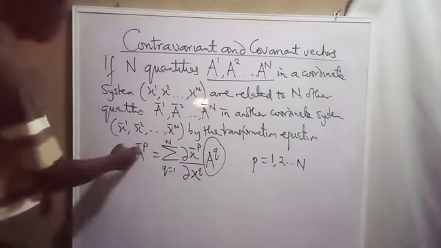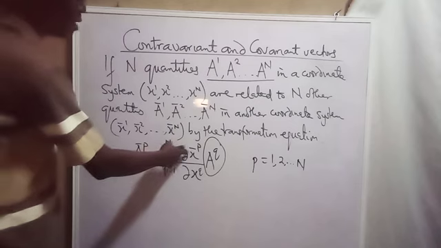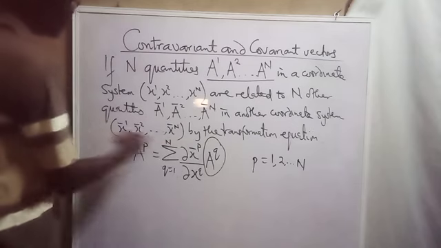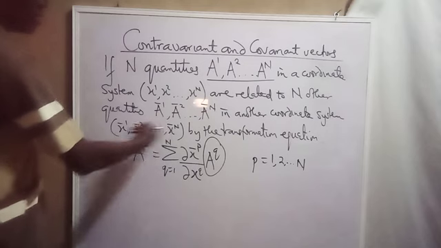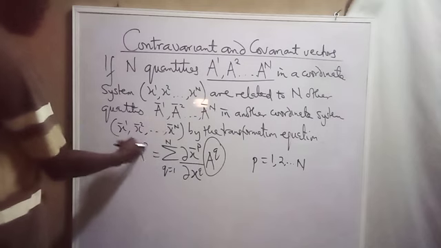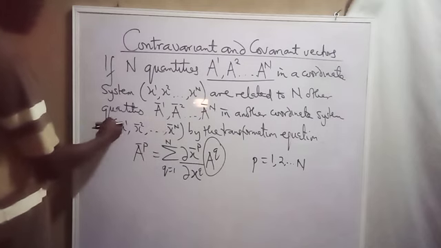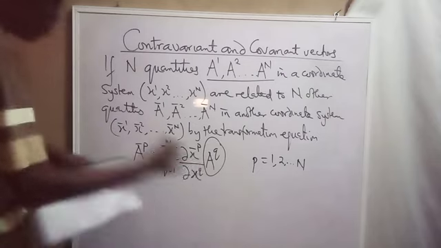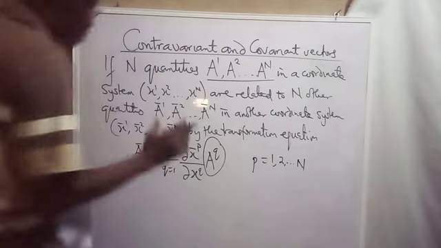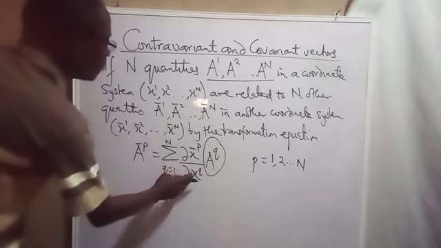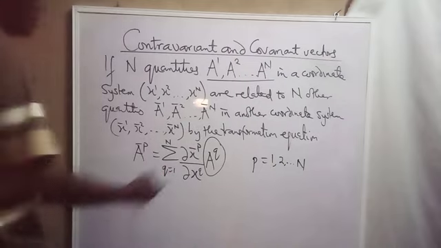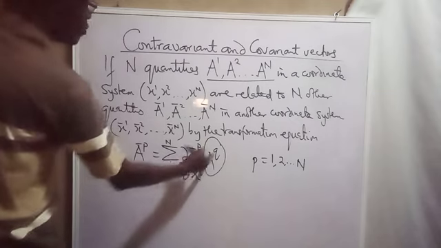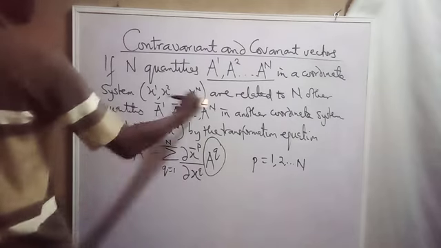Okay, so a bar p now will be the summation of del x bar p, because our coordinate system for a bar p is x bar 1. So del x bar p, remember p is 1 to n. This is just a conscription of everything. Now, all over del s^q, a^q, which is with respect to this.